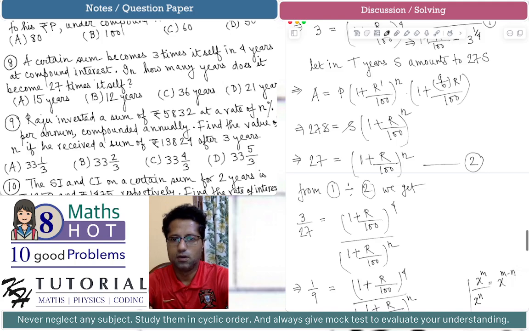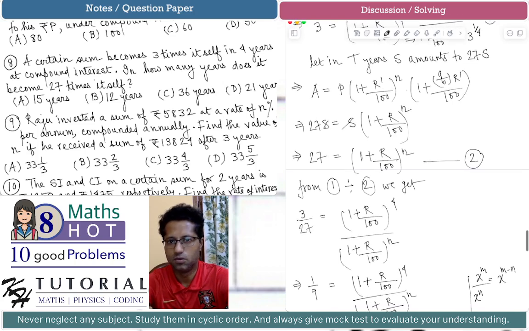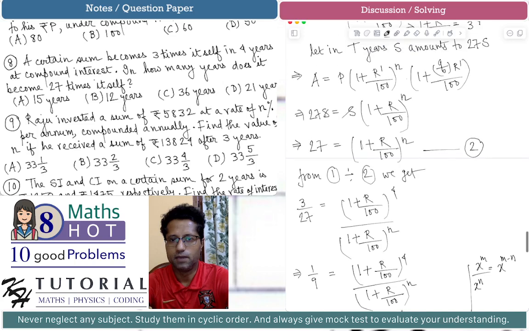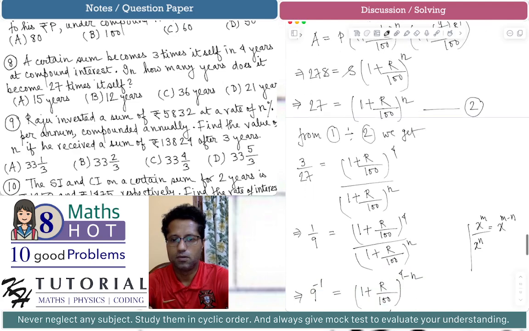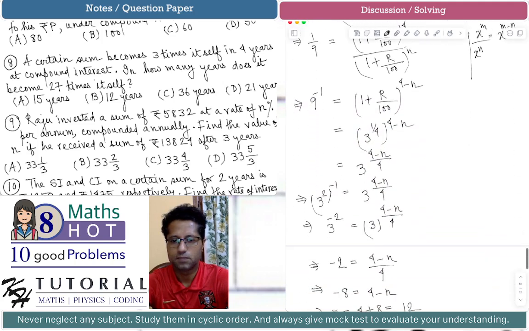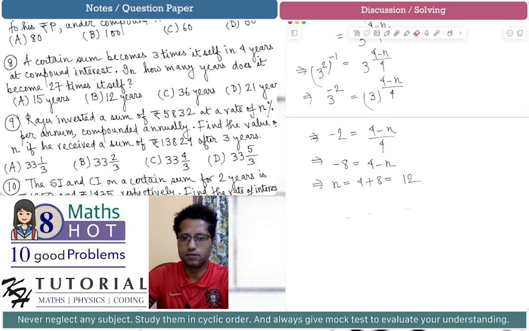Since t must be in years, t has no fractional part, so obviously a by b will be 0. t multiplied by 12 divided by u will be equal to n. Sorry, this is wrong. We have got n is equal to 12, that is fine.